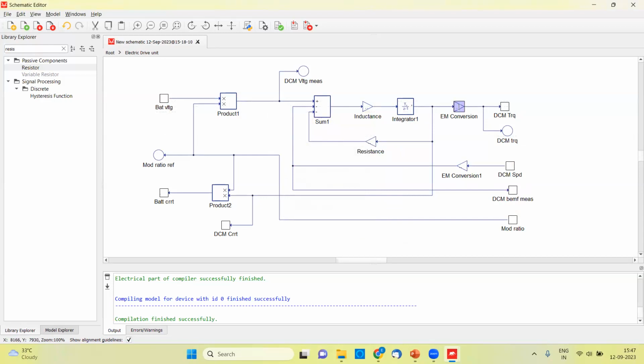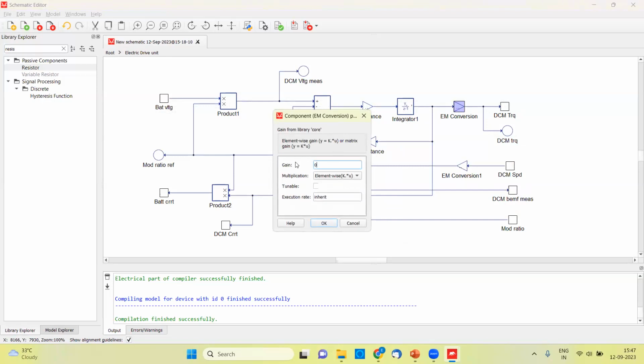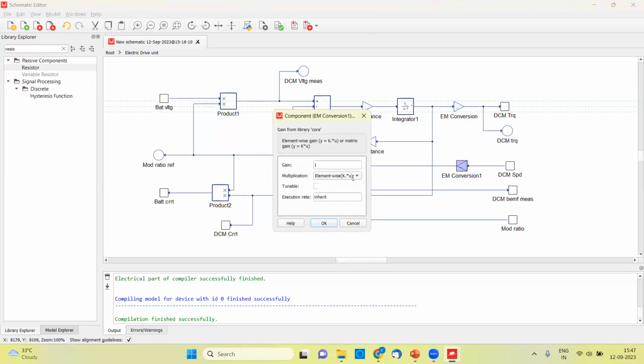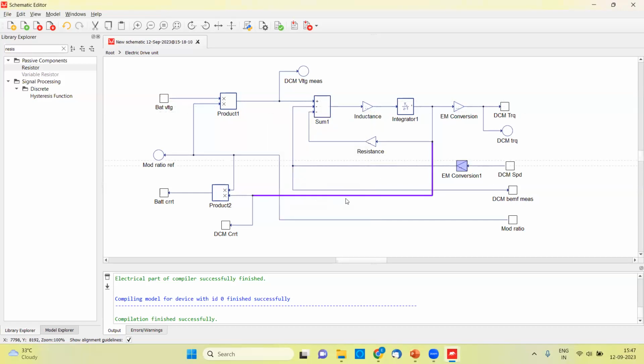Then we are using this EM conversion. This conversion value is fixed, that is 0.2865. It will remain the same for every component over here. Here also we are using EM conversion, again 0.2865. Okay, so all the components for this particular subsystem are done.